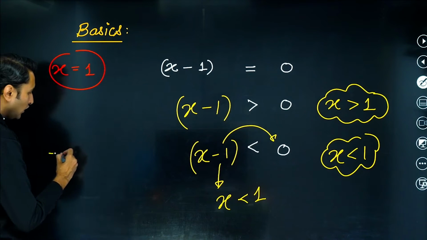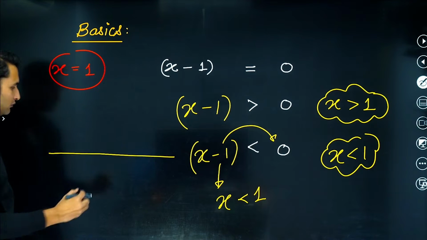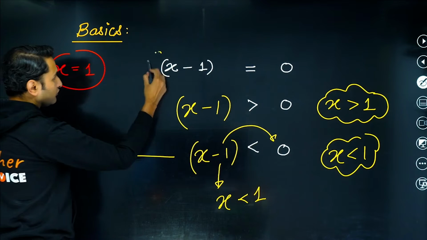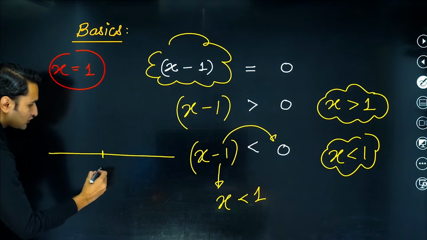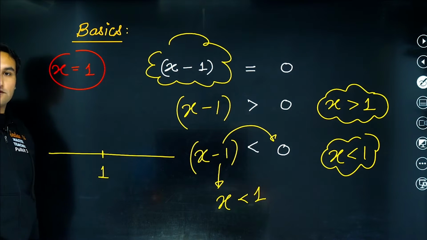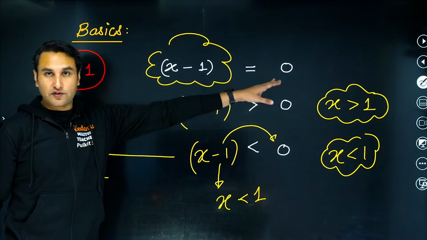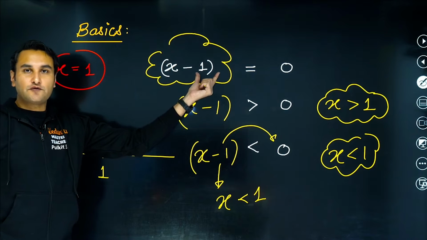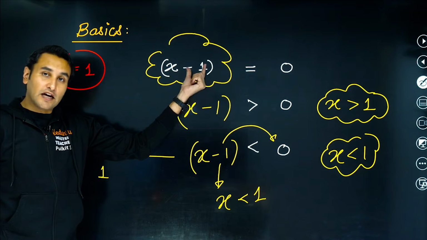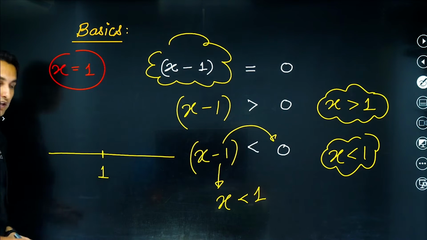So remember, on the number line, for x minus 1 as a factor, its root is 1. For x minus 1 equal to 0, the root of this factor, or where this factor becomes 0, that value of x is x equal to 1.